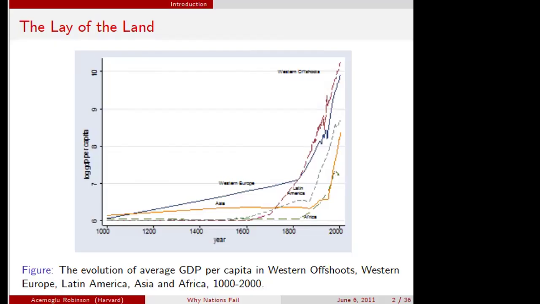And Mexico City, let me tell you, was one of the grandest cities in the world. So if geography or culture explained everything, Latin America should have been richer. But the geography and culture haven't changed. The divergence came later, and it came because of the core of this book, the main idea, which is institutions.